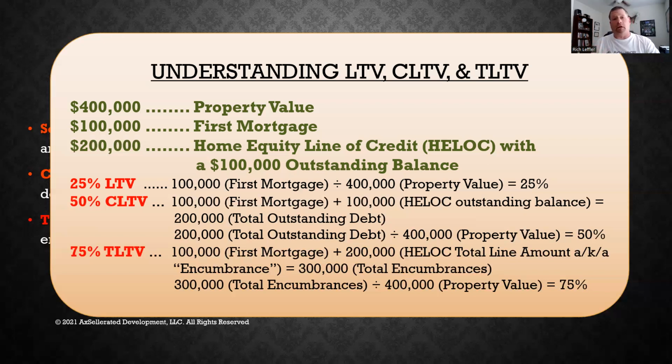That's why we have a $100,000 first lien encumbrance, a $200,000 second lien encumbrance, together, which is $300,000 in outstanding lien encumbrances in relation to a $400,000 property value. And that is why our TLTV is 75%.